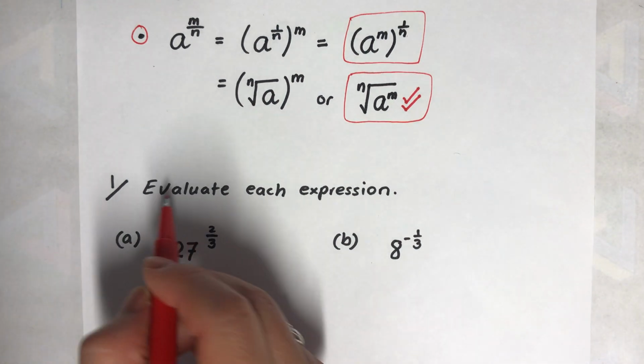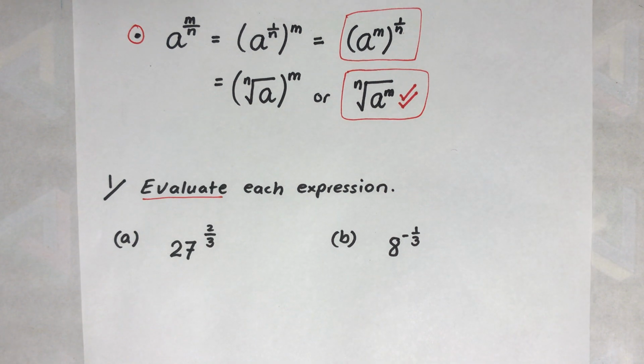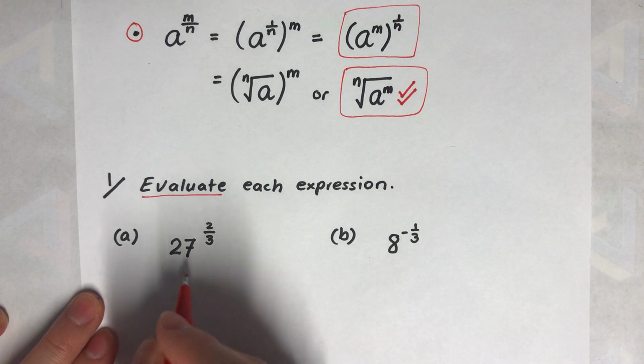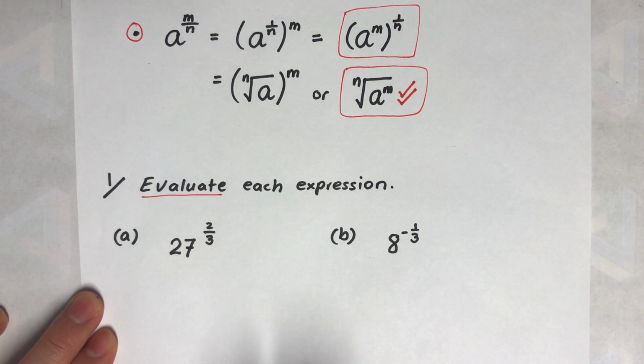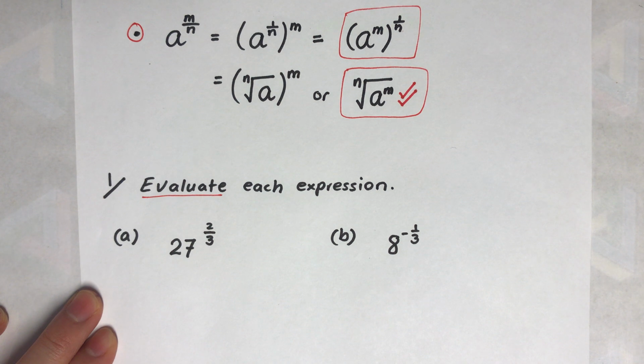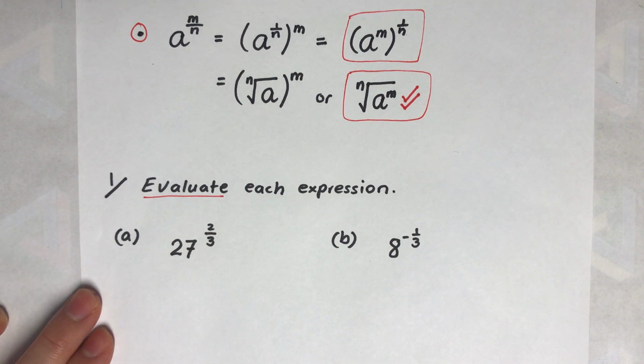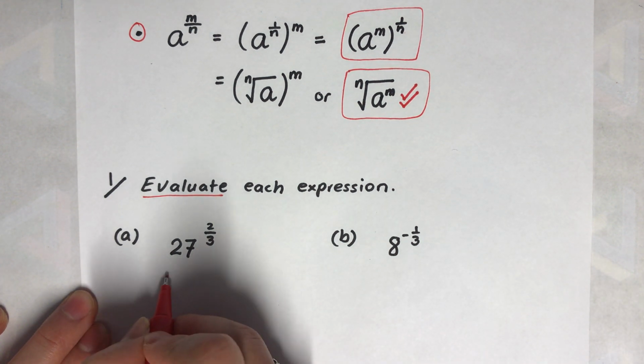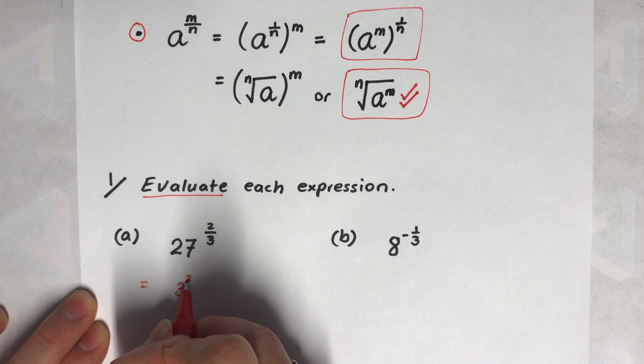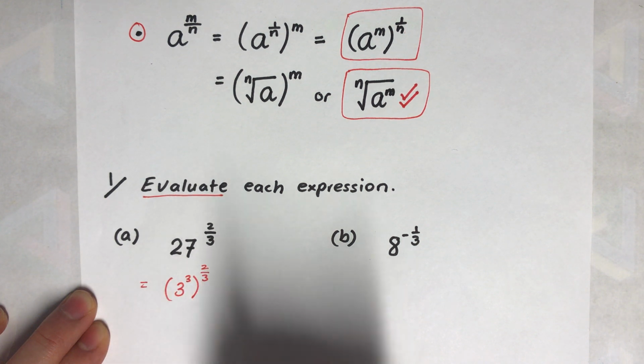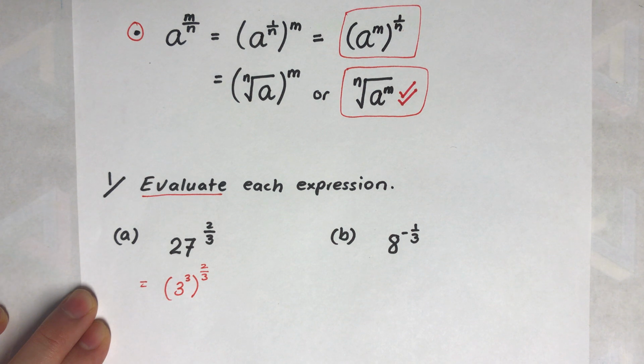Evaluate means I want the answer. I don't want an expression, I just want the value, the number. So 27 to the power of 2 over 3. How am I going to do this? You need to know 27 is the cube of 3. So I'm going to go (3 to the power of 3) to the power of 2 over 3. It's really helpful if you can remember a few things, like 2 to the power of 3 is 8, that sort of thing.